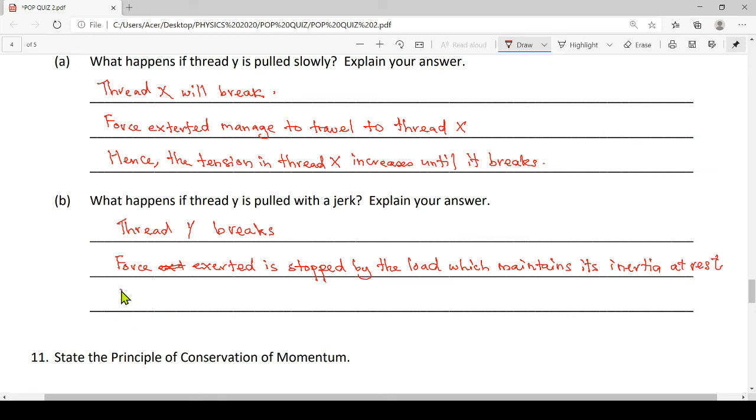Therefore, the tension in thread Y increases until it breaks. Okay, so that's how we write the answer for question 10b.